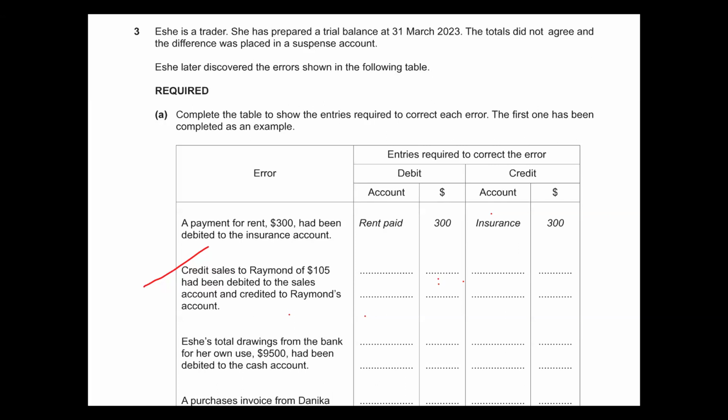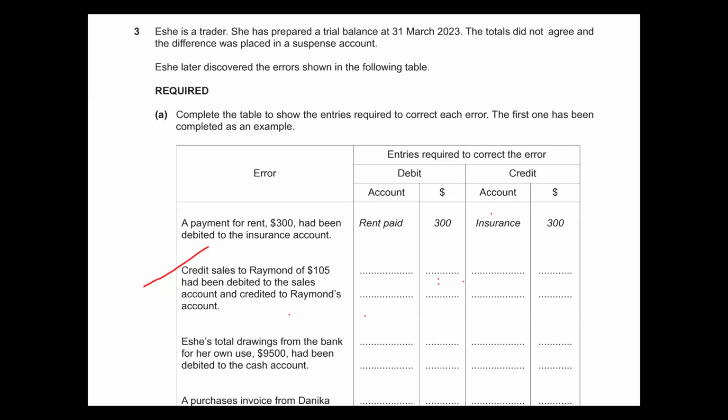So there are these credit sales to Raymond. You sold to Raymond on credit. This had been debited to the sales account. When you sell on credit, what do you do?